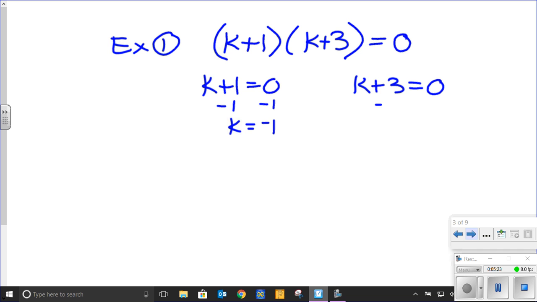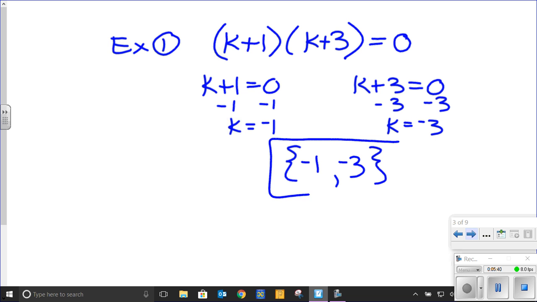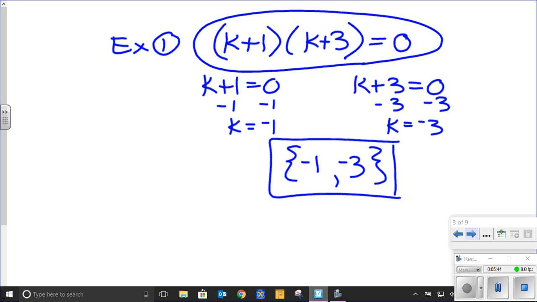On this one, minus 3, that means that k is equal to -3. So my solution set for this, and remember, you have to have it in your squiggly braces, is -1, -3. That is my solution set for these factors.